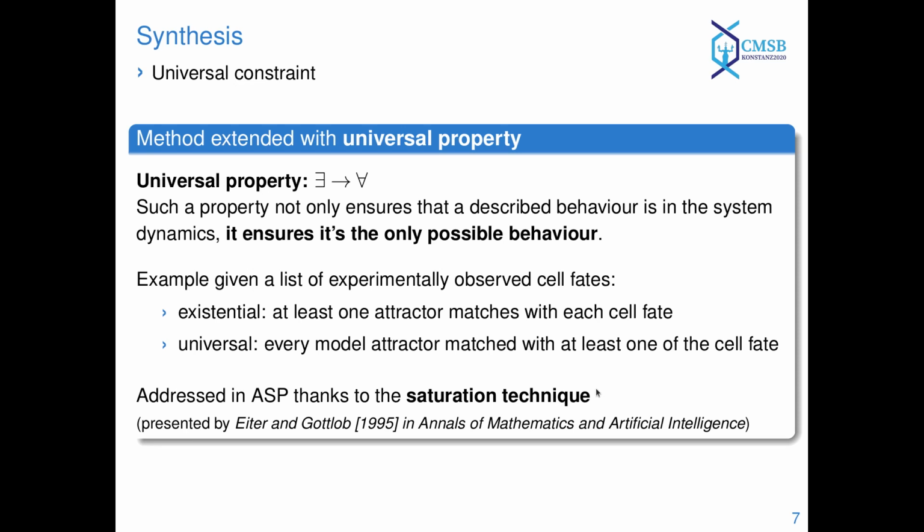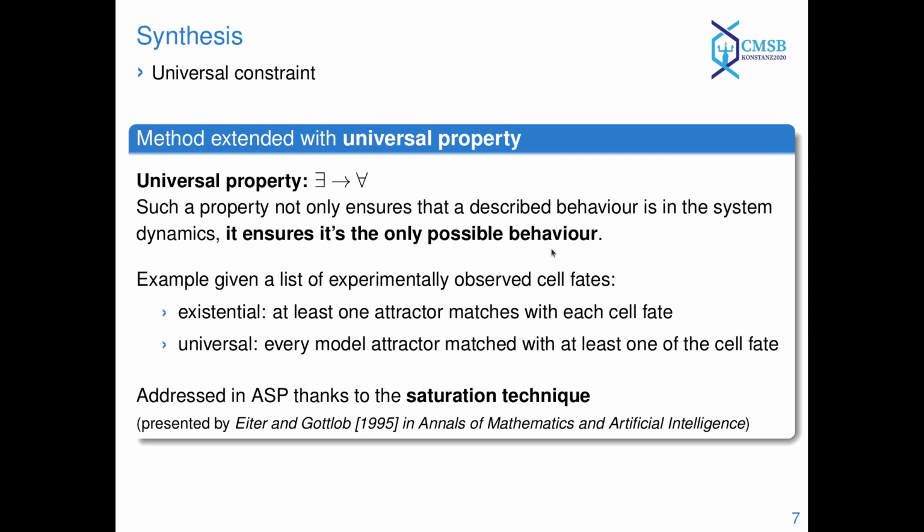Let's start with the first contribution, the universal property that can be now taken into account for the synthesis. Such a property not only ensures that a described behavior is in the system dynamics, as did existential constraints. A universal one ensures it's the only possible behavior.